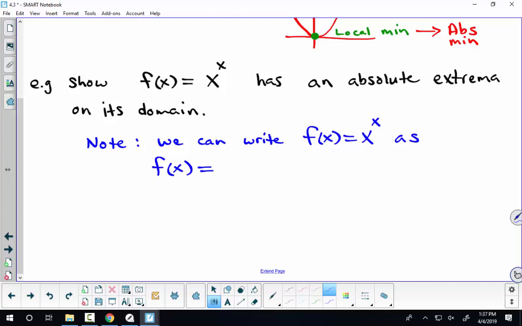It involved properties or inverse properties of natural log and e. E to the power of x ln x? Right, yeah.